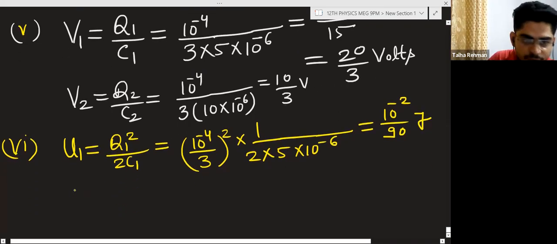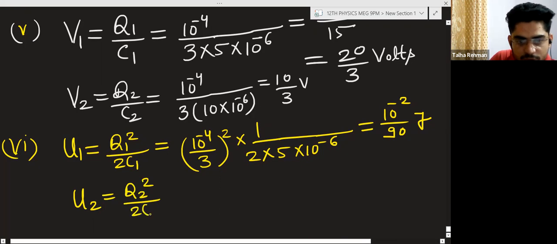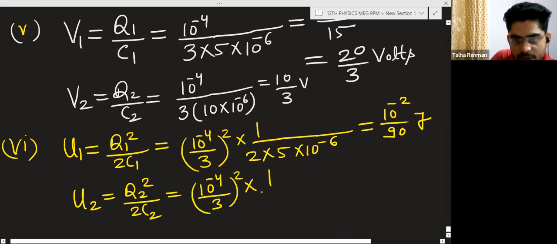If you want to calculate U2, Q2 square divided by 2C2. Now Q2 is 10 to the power minus 4 divided by 3 square, 1 upon 2 into 10 into 10 to the power minus 6.